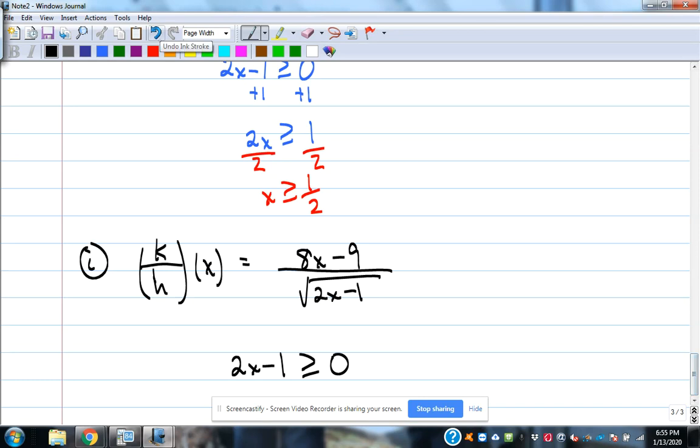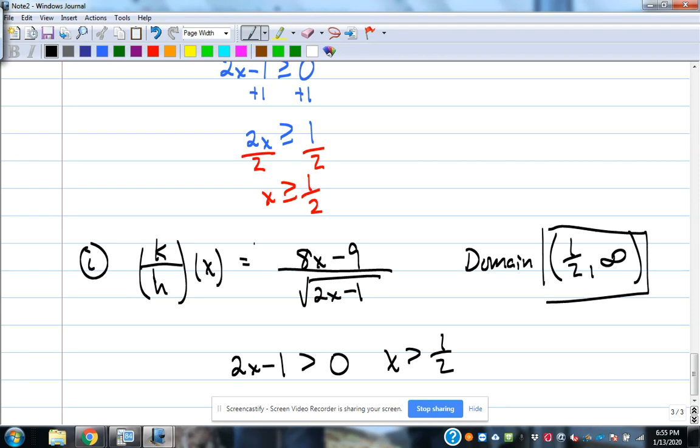No, because what's the only number in the world we can't divide by? 0. So we have to take the equal to part off of that. We solve 2x minus 1 is greater than 0, which we've already done that math. So we know that x has got to be greater than 1/2. So our domain is, instead of a bracket, parentheses 1/2 to infinity.